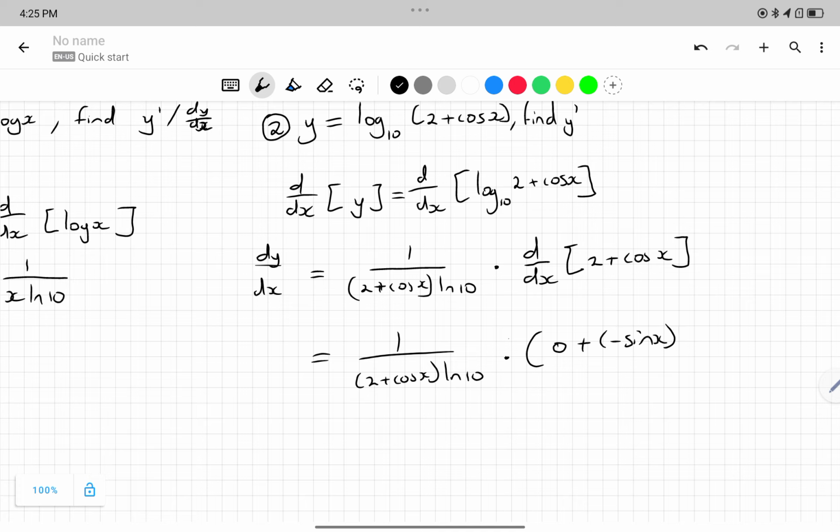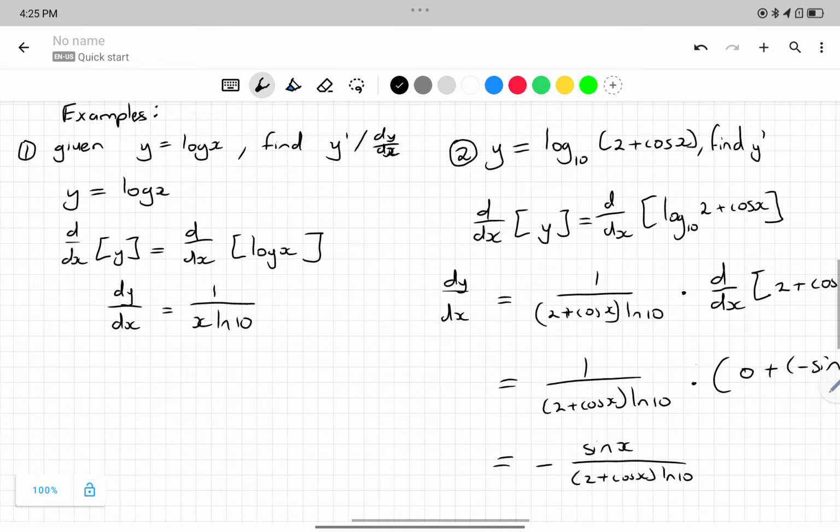We also perform the chain rule here, but it's unnecessary since it's going to give us times 1. So now we have negative sine x over 2 plus cos x, then ln 10. So that's our example number 2.